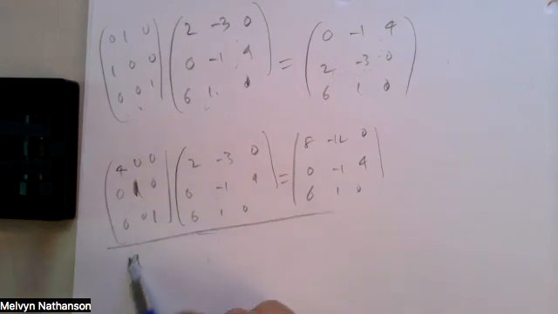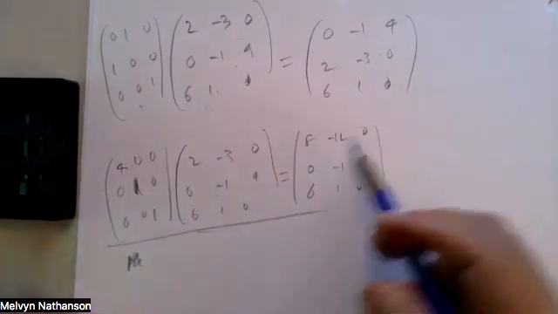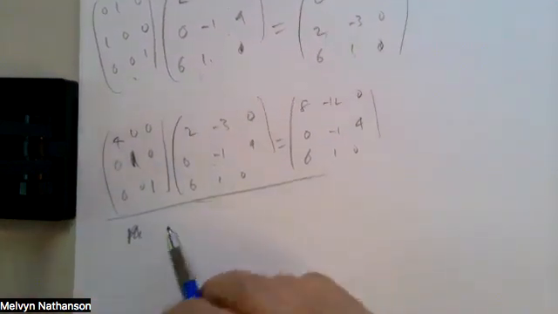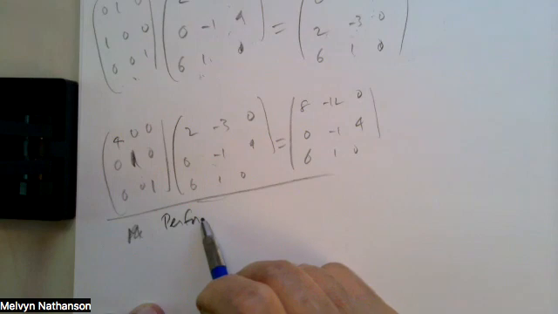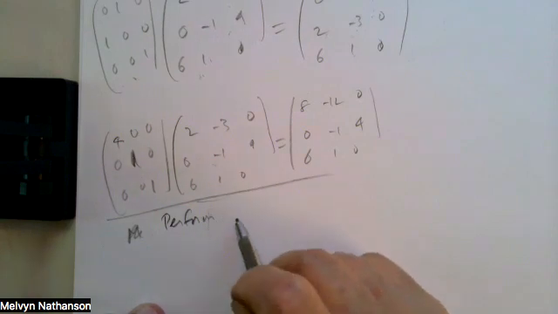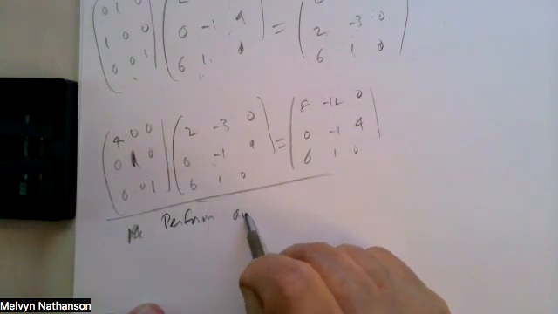So this is what is the case. Let me just write it down explicitly. Perform any of the three elementary row operations.